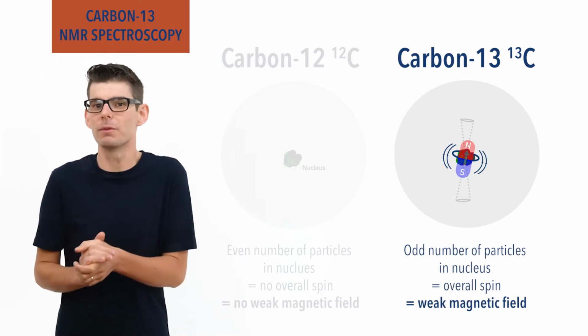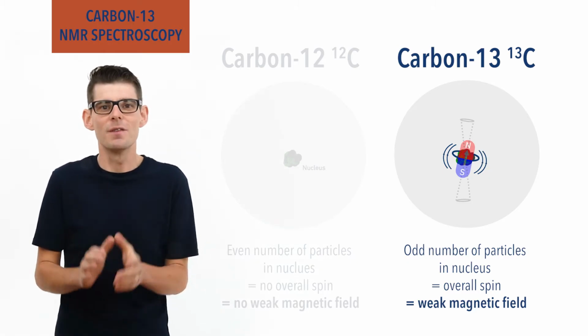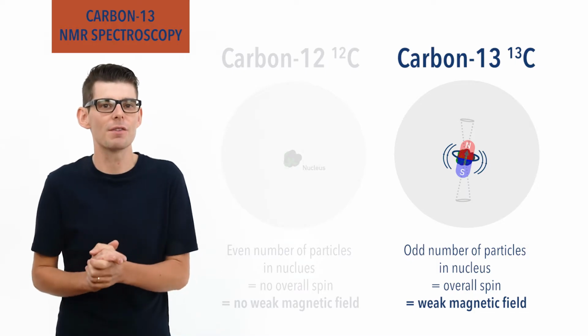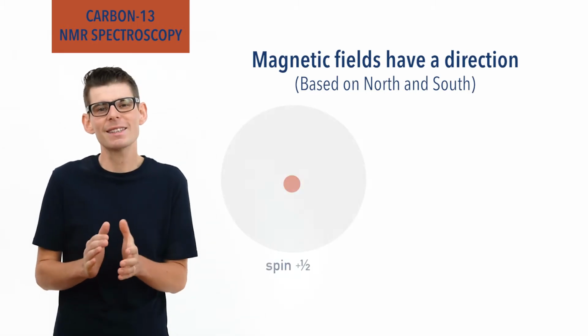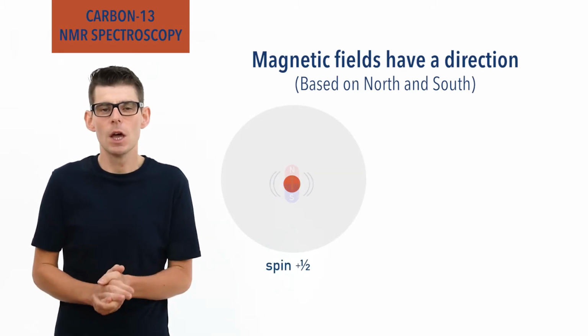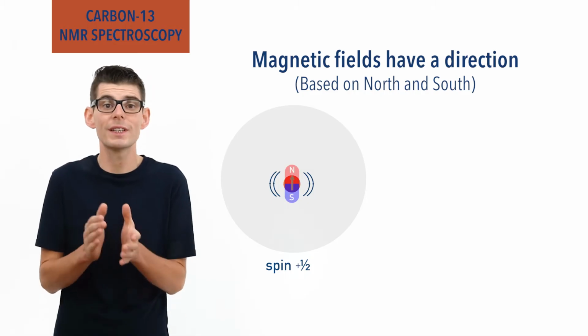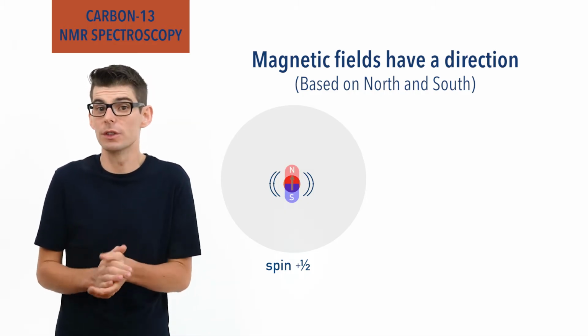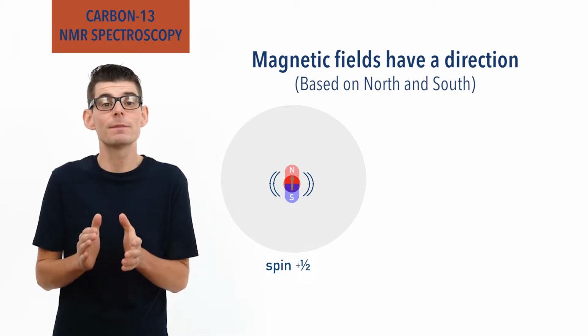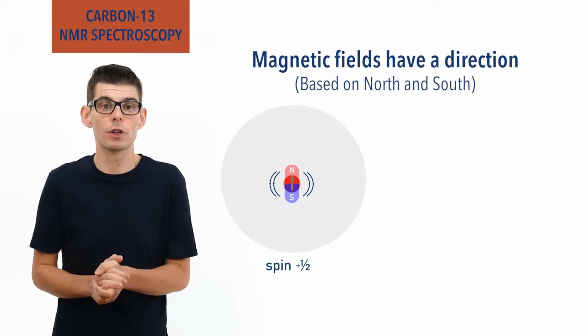Hopefully you can remember from some of your early physics classes that magnetic fields have a direction based on north and south, meaning a nucleus with an overall spin acts a little bit like a bar magnet, with a very small north and south pole. The magnetic field direction a spinning nucleus has is based on its spin direction.